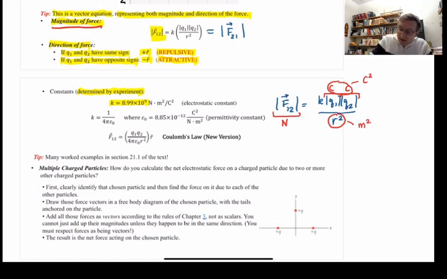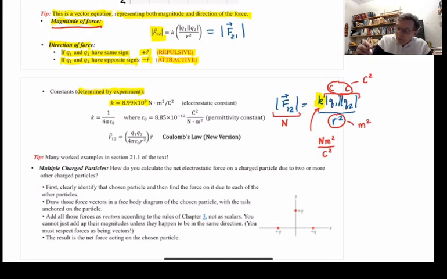So for the units of the constant k, I've given you the number, but what are the units? The units of k have to be such that k times Q1 times Q2 over r squared has units of newtons, because it's got to represent a force. So the units of k have to be newton times meter squared over coulomb squared.